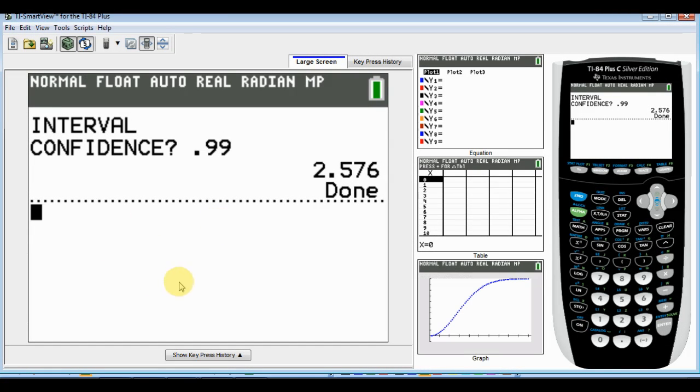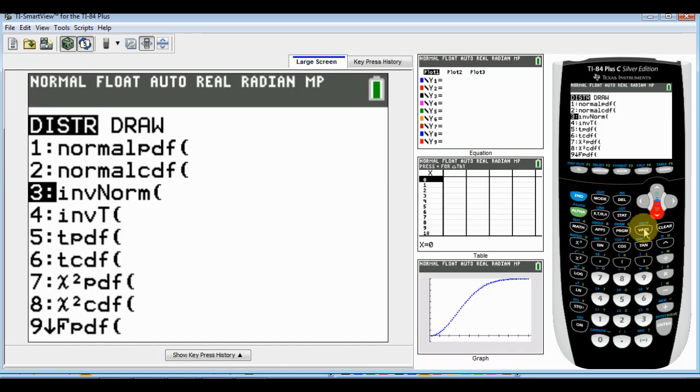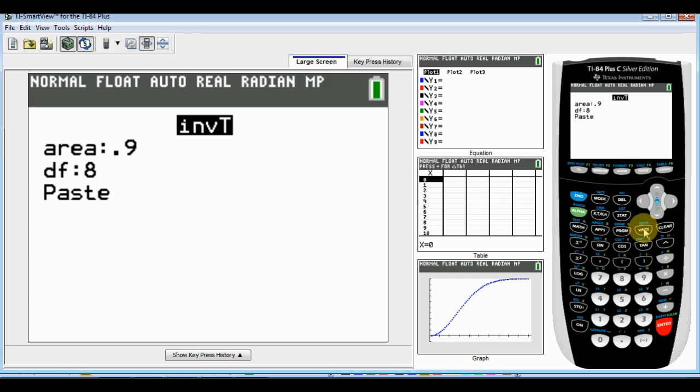Yeah. All right, so what are we using, a T curve or a Z curve? Pretty sure you said T, because they're giving you s. Good. All right, so let's do an inverse T, so that's distribution. Inverse T. Okay, so the area on the right is 5%. What's the area on the left going to be? 0.95.